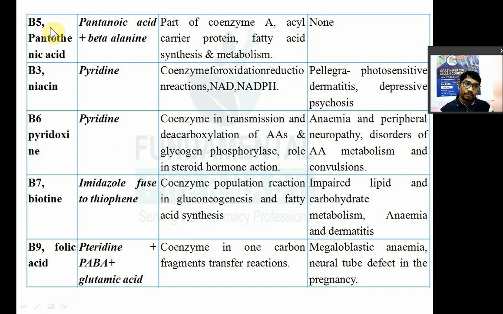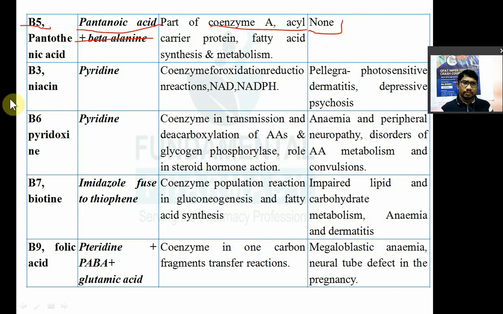Now next one is vitamin B5, known as pantothenic acid. In the structure, remember it is pantoic acid plus beta alanine. Its biochemical role: it is a part of coenzyme A and also transfers the acyl group, so acyl carrier protein is required in fatty acid synthesis and metabolism. Normally deficiency symptom is none, meaning deficiency of pantothenic acid does not normally occur.